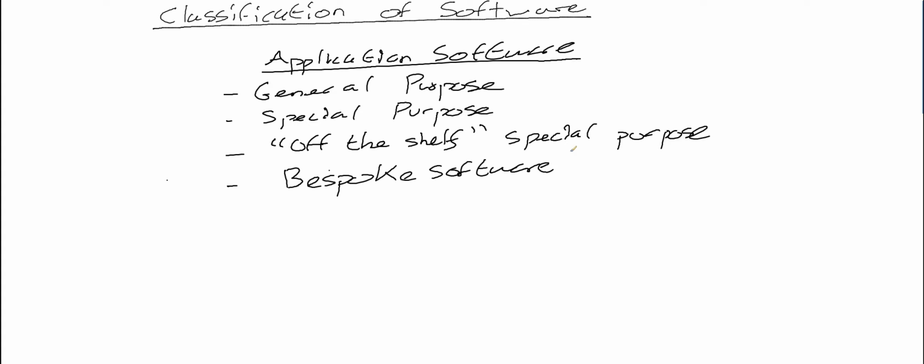So, for example, LibreOffice might be used for managing household finances, writing up a school project, or making a presentation for a business meeting. And because it can be used for all these different tasks, it's considered to be general purpose. Let's have a look at special purpose then. So what we've got with special purpose software and special purpose off-the-shelf software specifically is software that's designed to be used for a particular purpose. So an example of this might be some accounting software, which has specialized features specifically for accounting, and this software is sold to the general public, so that's why it's called off the shelf.